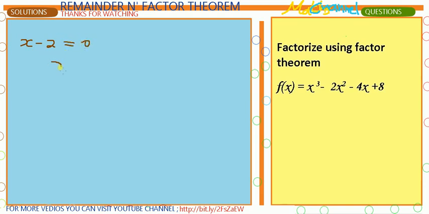So we solve for x. So we say x is equal to 2. And then you will take the value of x and then substitute it into the equation.